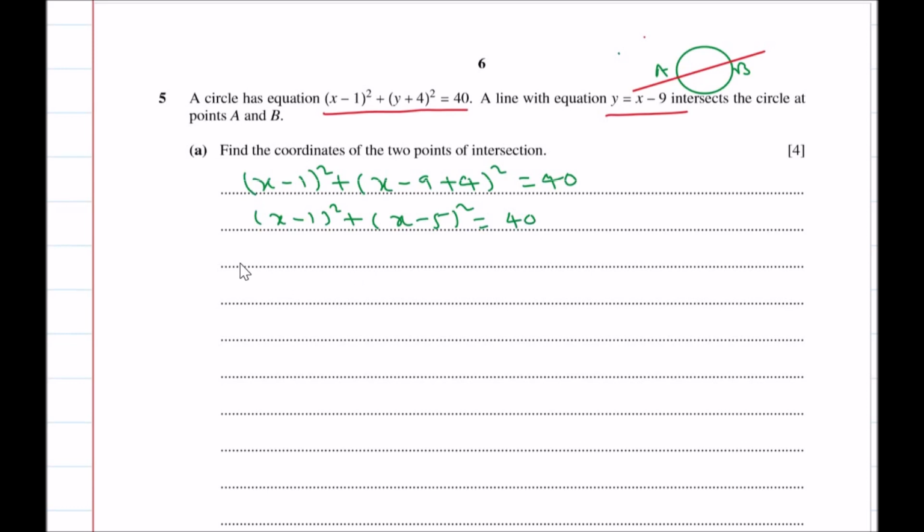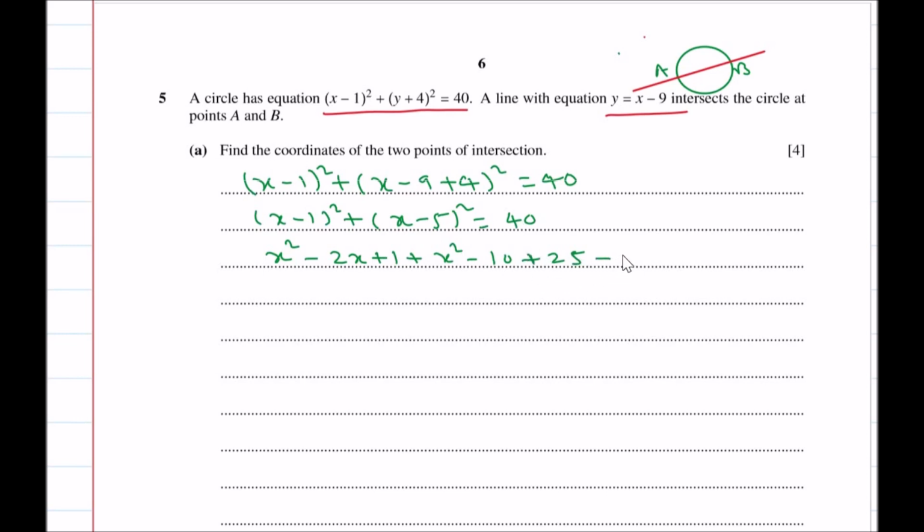Now we expand the bracket. The first one gives us x square minus 2x plus 1, plus the second bracket, if you expand, we get x square minus 10x plus 25, right? And bring 40 to the left side.